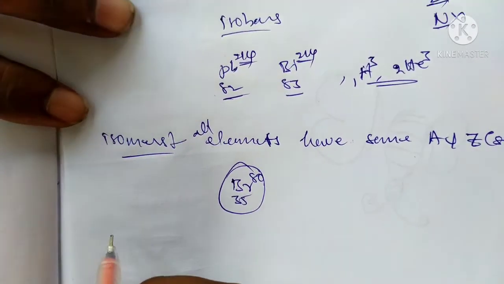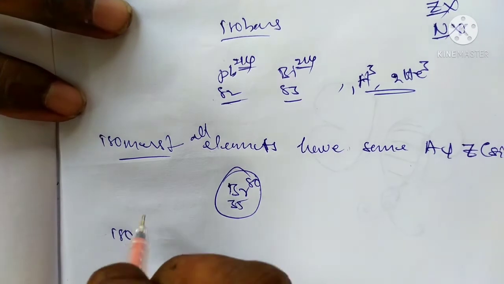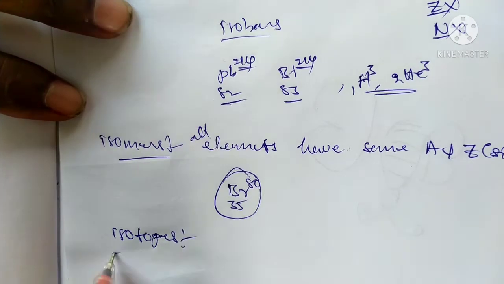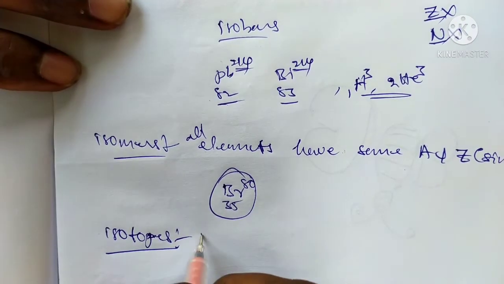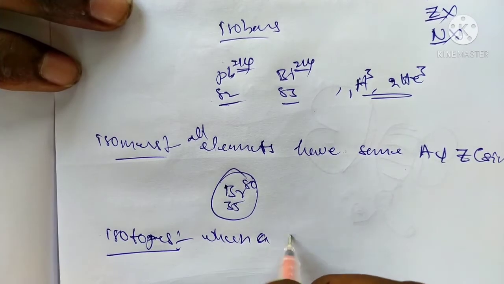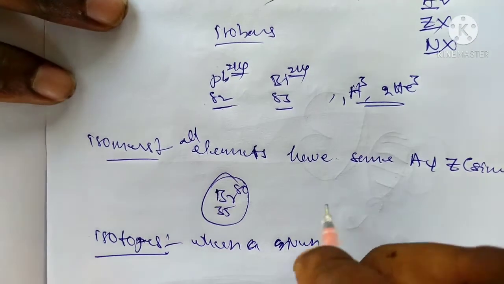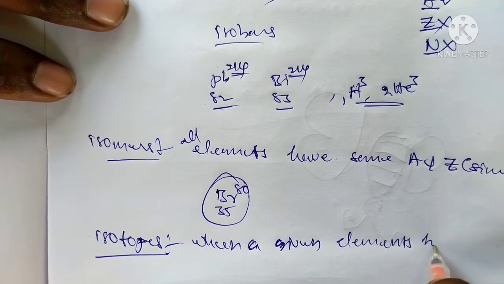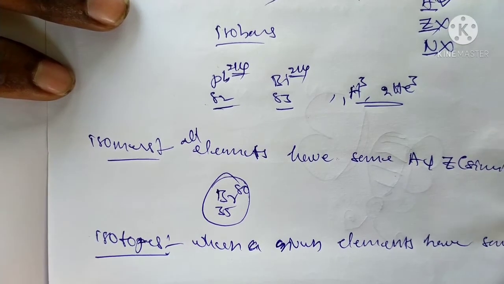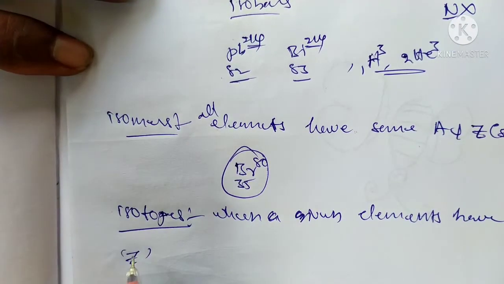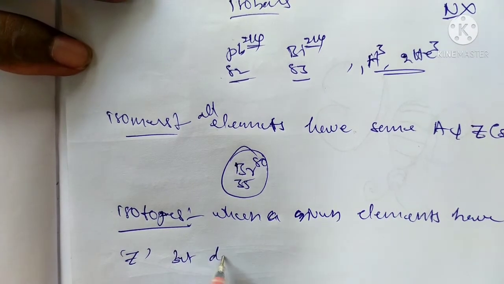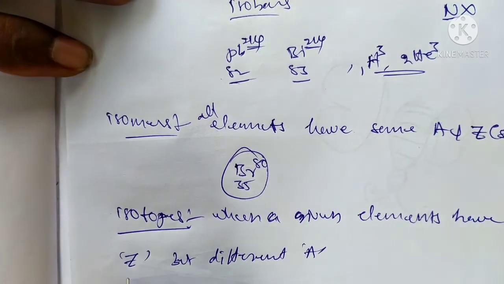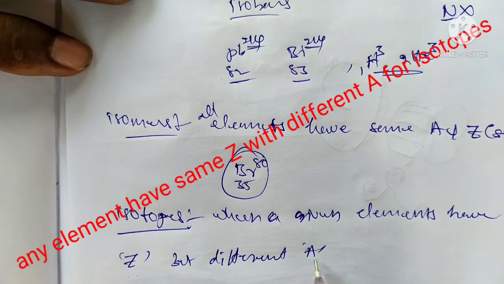Okay, now isotopes. Isotopes means when given elements have the same Z but different A. The atomic number is the same, the atomic mass number is different.